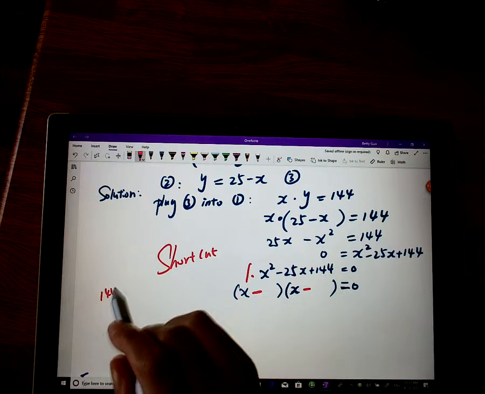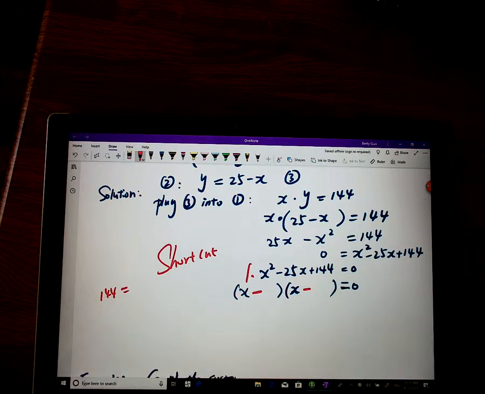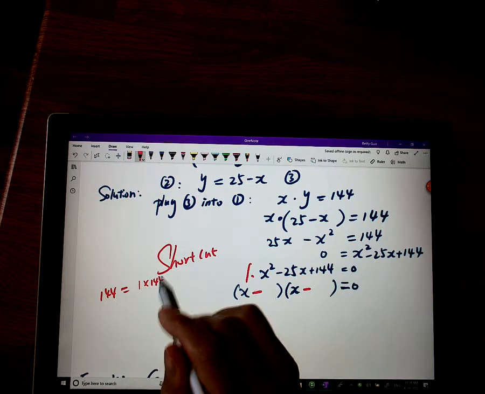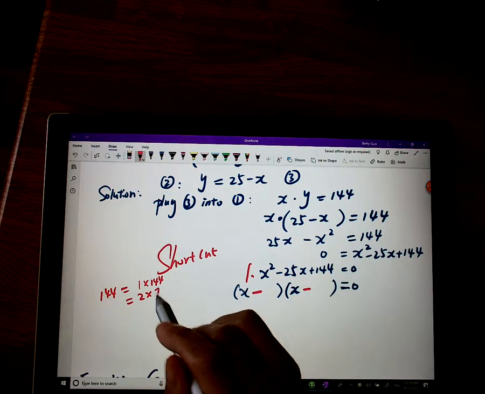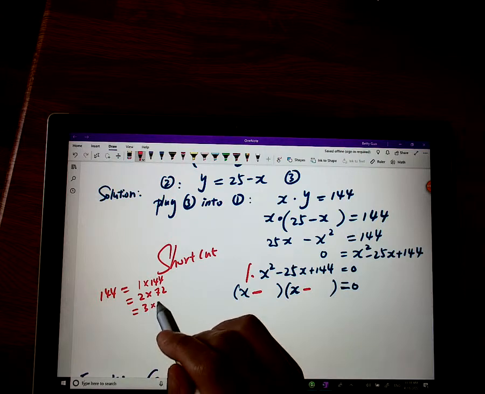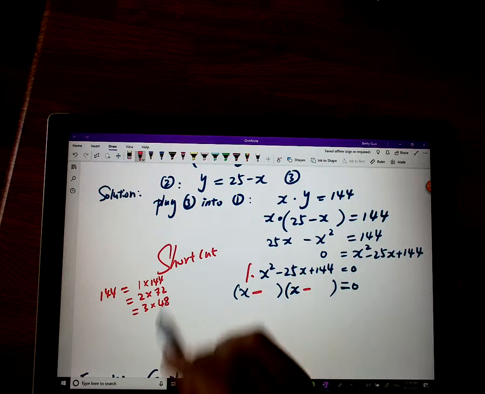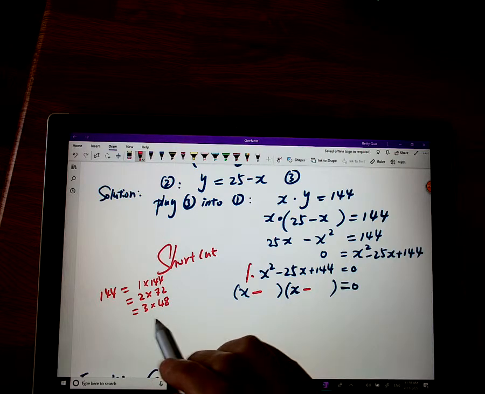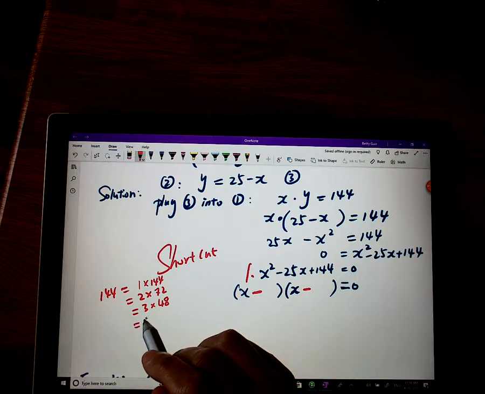For 144, we have many different options. We can write 144 as 1 times 144, 2 times 72, 3 times 48, double check. Yes. 4 times 4 doesn't work.